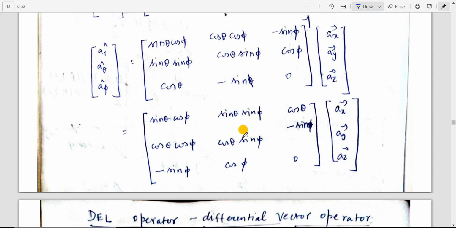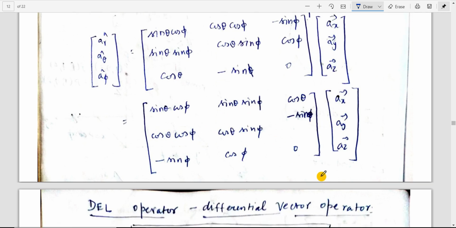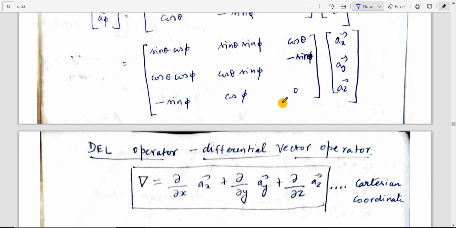Sin theta sin phi, cos theta sin phi, and cos phi will be coming as the next column components. And here also you can represent this row as a column: cos theta, minus sin theta, 0. Okay, so as such you can come to this. So this is the end of the spherical coordinate systems.